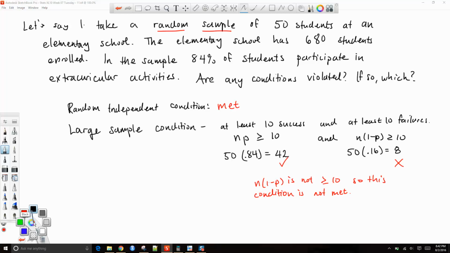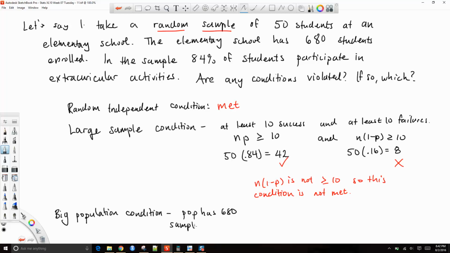Okay, let's take a look at the last condition, big population condition. All right, so what is the size of the population? The population has 680, and our sample has 50.